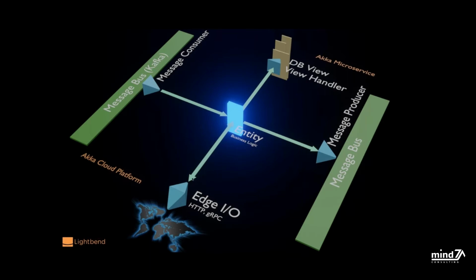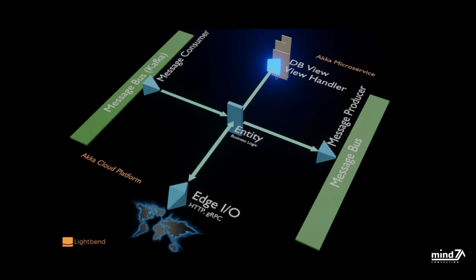What you don't write is the routing of messages from the edge to individual entities running somewhere in the cluster. That's not code that we have to write. That's handled by the Akka system itself for us. And the third one is a process for taking data that these entities produce and making it queryable. I'll show you a much more detailed example of what's going on there in a few minutes.